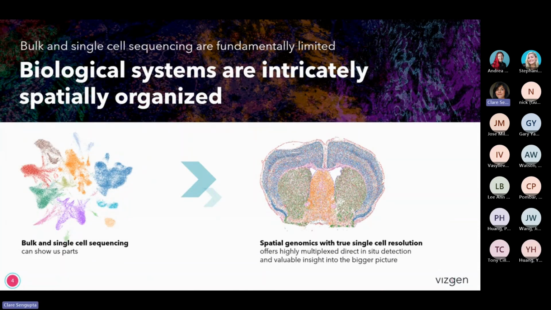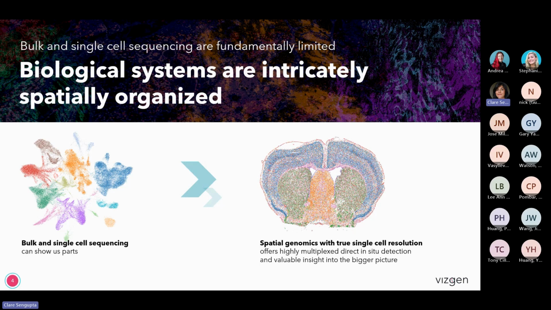So how do we get here to the Merfish protocol and Merscope instrument? Essentially, we are aware as biologists, as researchers, that biological systems are intricately spatially organized. We lose some of that capability with traditional bulk and single cell sequencing. It can show us parts of the picture, but not the total picture because you lose that ability to make spatial associations.